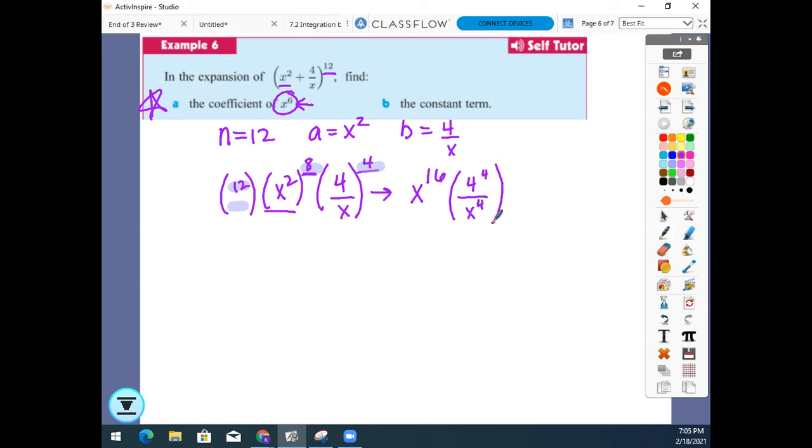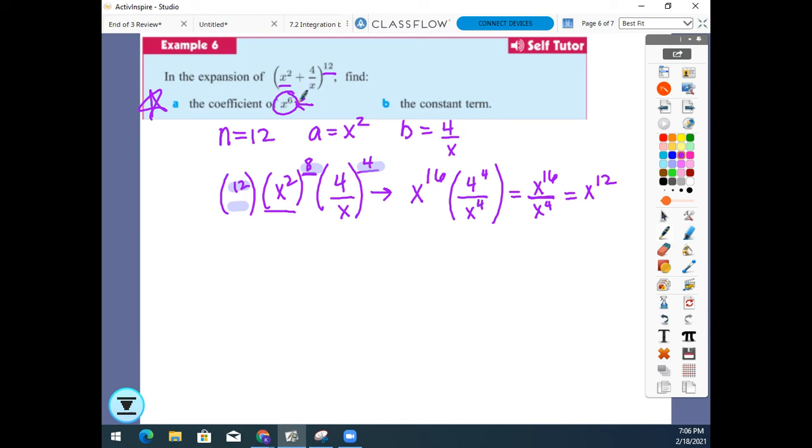See that? So if I just look at my x's, because I just really need to know my x's right now, if I have x to the 16th over x to the 4th, when you divide bases, subtract the exponent, I get 12.